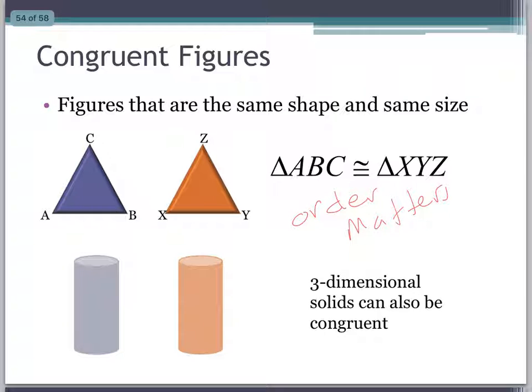Okay? It's really important. So, in other words, if I say to you ABC, XYZ, that means A matches X, B matches Y, C matches Z. That's what that means.